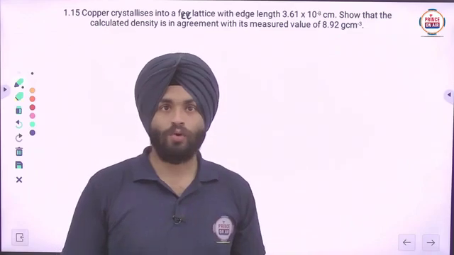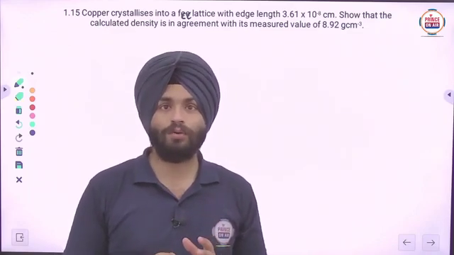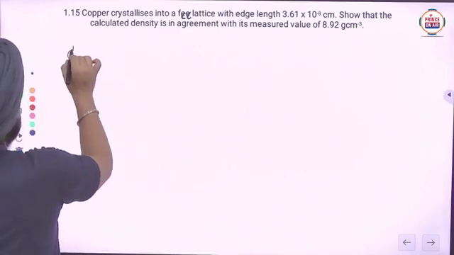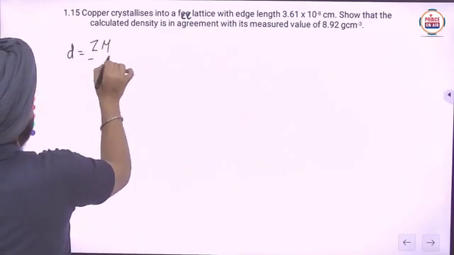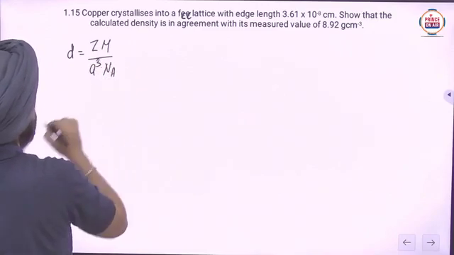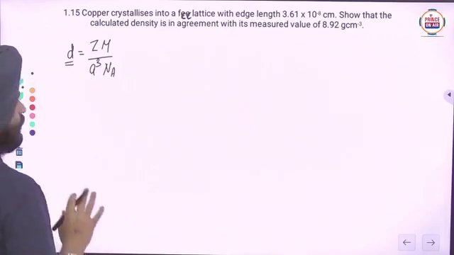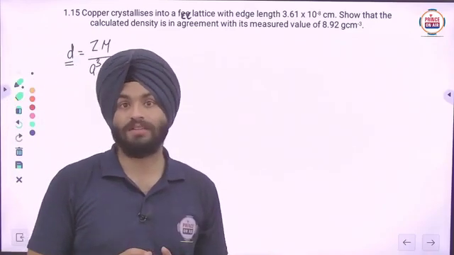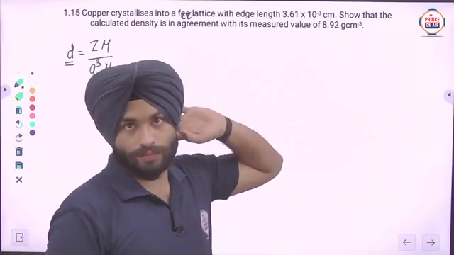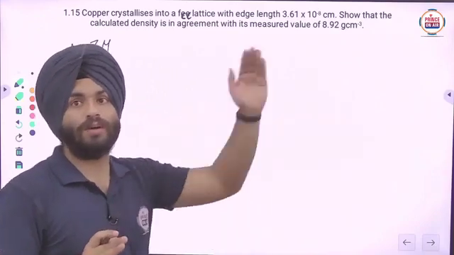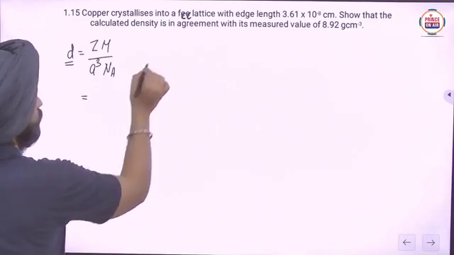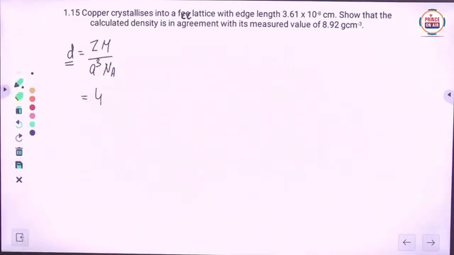Firstly, what we have to do, we have to just apply the formula here, that is d is equals to Z M upon a cube N A. Density is actually given to you, but we have to calculate the density once again, and check whether that density resembles this value or not, means it is equal or nearby to this value. Now for FCC, Z is 4, yes or no?